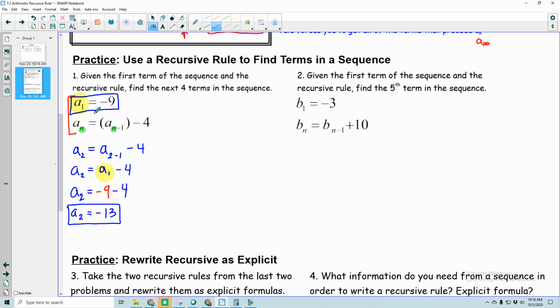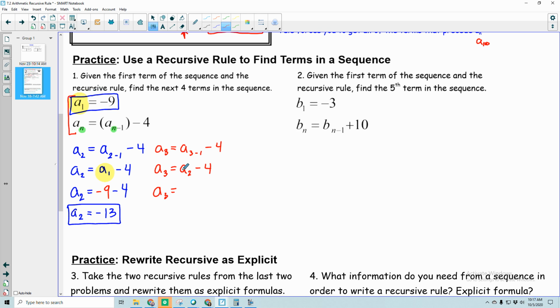And now we could take the same formula, apply the steps again to get the third term. So what is the third term in the sequence? Again, I'm just taking that 3, plugging it into everywhere I see an n, which is here and here. So a sub 3 minus 1 is 2, and that just turns into a sub 2 minus 4.